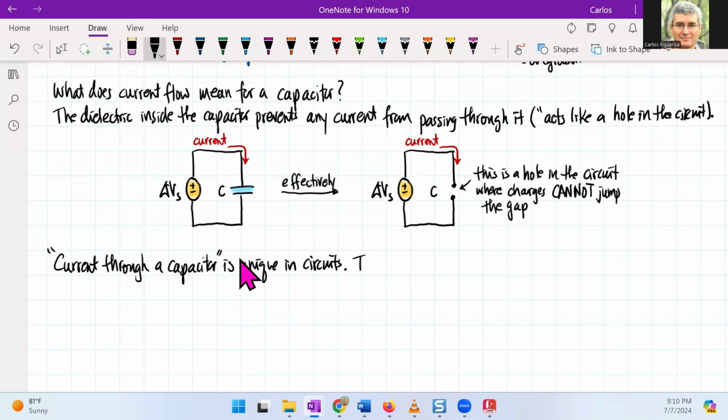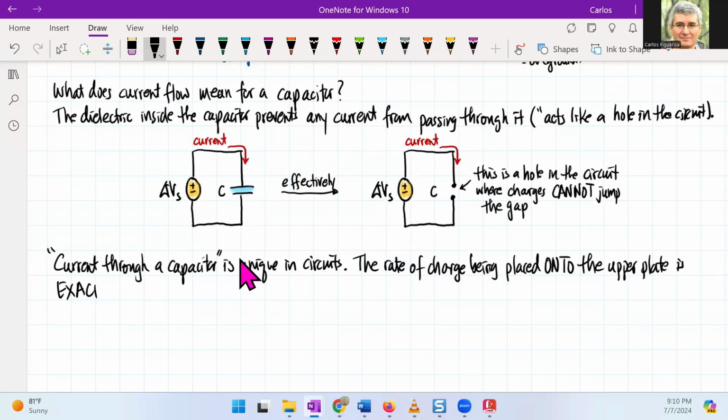In this situation, we say that the rate of charge being placed onto the upper plate is exactly the same as the rate leaving the lower plate.